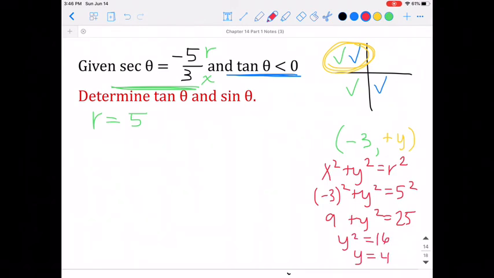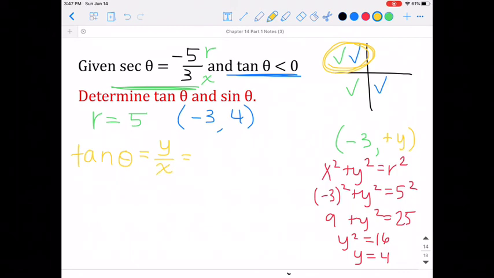And again, because we're in the second quadrant, we know that our y value has to be positive. So we have an r value of 5, and our point is going to be -3, +4.